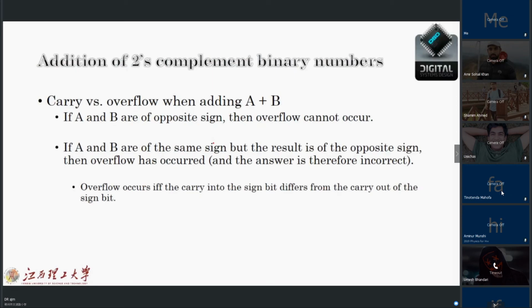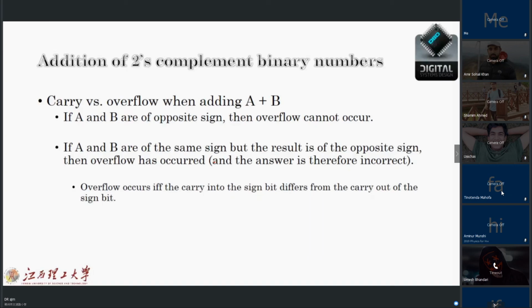Then let us see what the difference is between carries and overflow, and what the main definition is between these two. We can say that if A and B are positive, then we don't have any overflow.